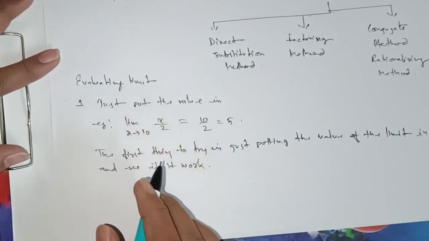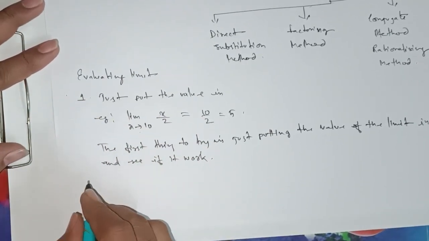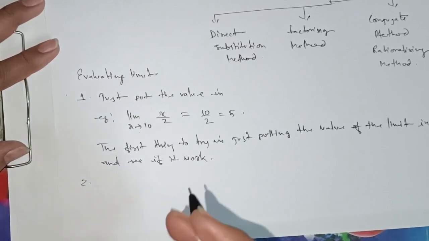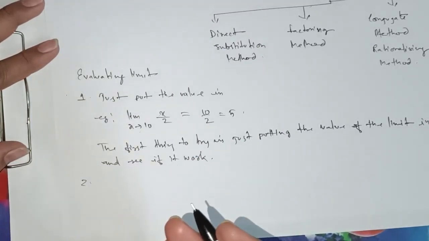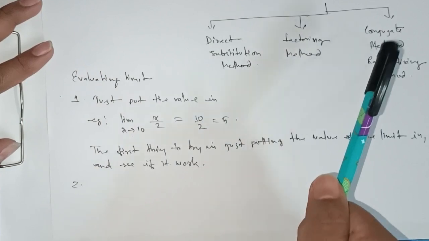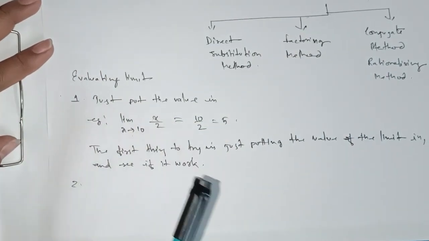If not, then we'll enter into factorizing, or what we call the factoring method, or we can say the conjugate method, depending on the quotient.